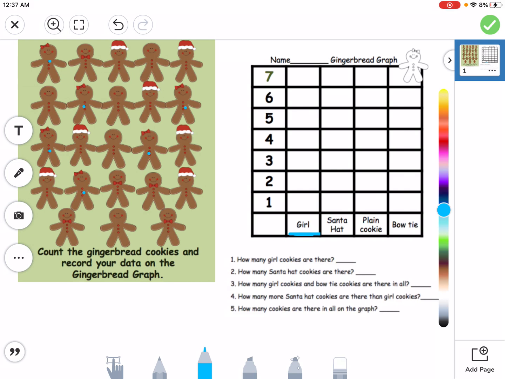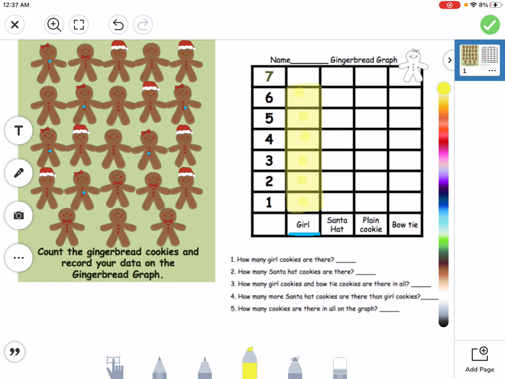Oh, it looks like there are 6 gingerbread girls. So you're going to color in 1, 2, 3, 4, 5, 6 boxes. Okay, so color in 6 boxes. And I'm using my highlighter so I can actually see the boxes.